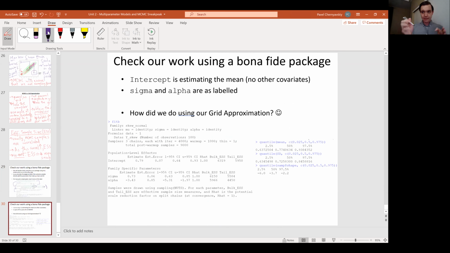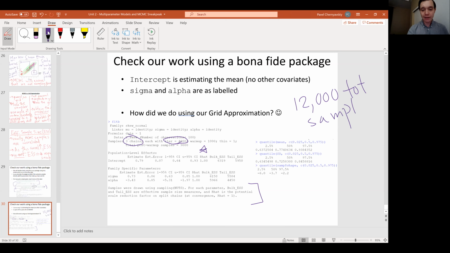So based on what I told you in this lecture, you can already see here is the Rhat. Here is a little blurb about the Rhat and the ESS. And you can see what I requested was 4,000 samples for 3 chains. So what I requested was 12,000 total samples.